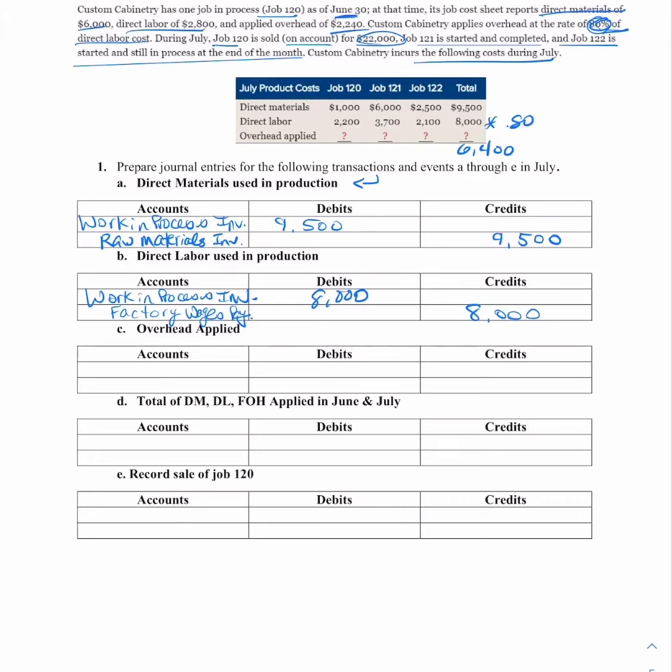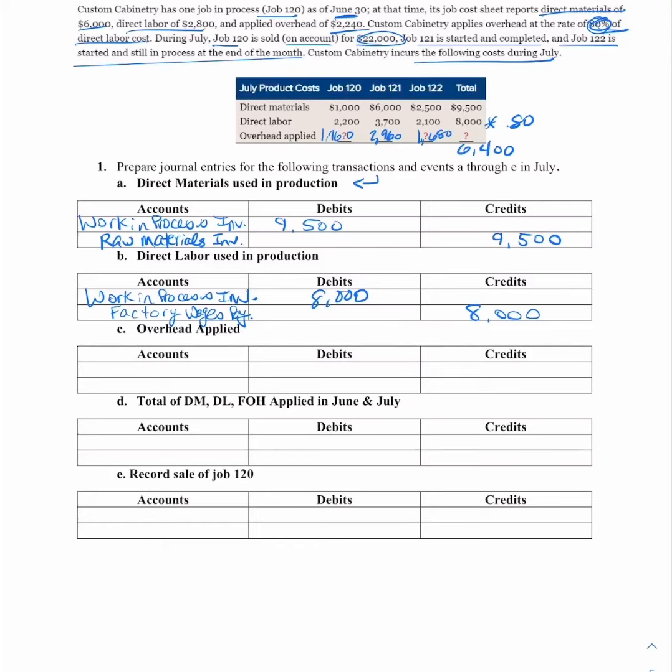So this is a good check method to make sure you don't make a silly mistake, but really what you need to do is 2,200 times 0.8 to get 1,760, 3,700 times 0.8 to get 2,960, and 2,100 times 0.8 to get 1,680.